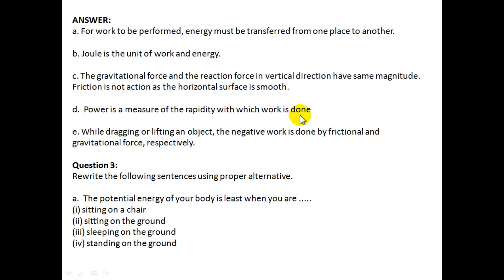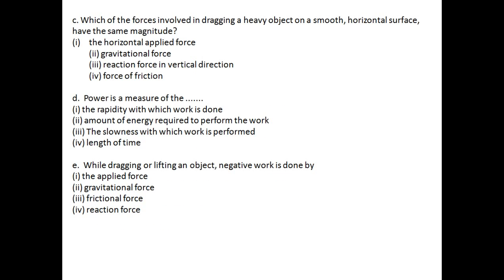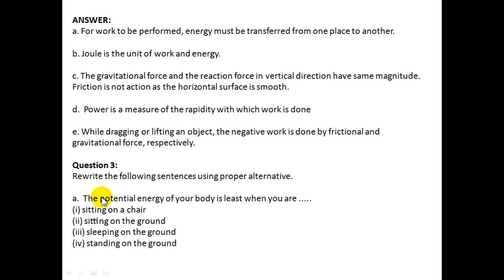Okay, so the correct answer will be rapidity of the work, that is A. Now the last question. While dragging or lifting an object, negative work is done by frictional force, reaction force, gravitational force, or the applied force. So what will be the correct answer? That is frictional force. While dragging or lifting an object, negative work is done by the frictional and the gravitational force respectively.